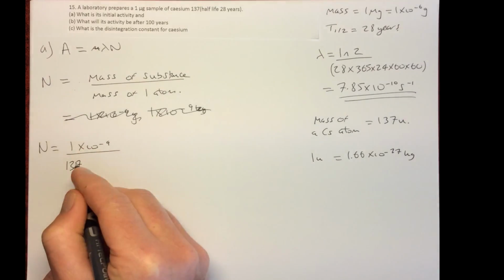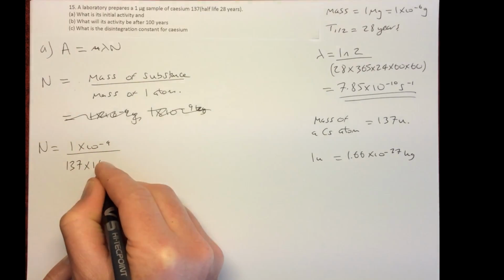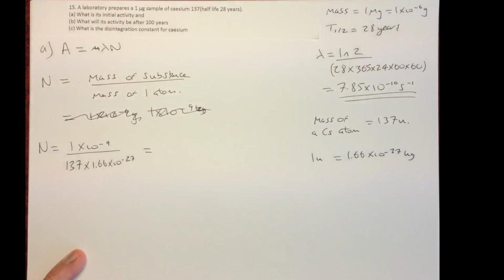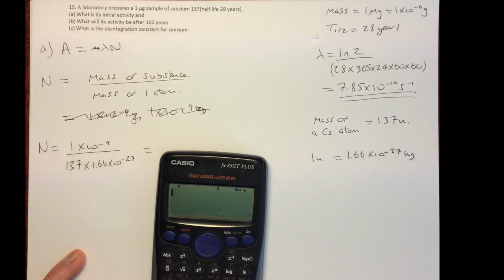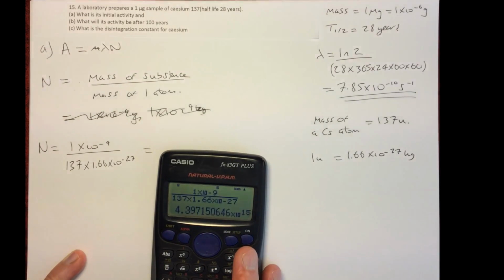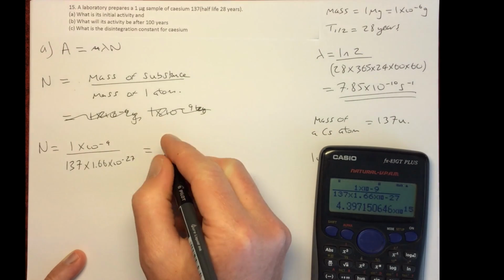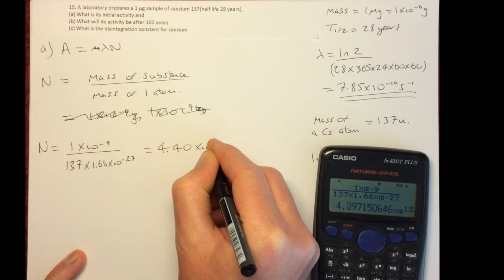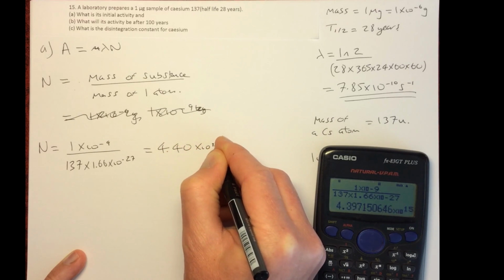We need to have this in kilograms and this in kilograms, so we multiply by 1.66 times 10 to the minus 27. Let's do that calculation: 1 times 10 to the minus 9, divided by 137 multiplied by 1.66 times 10 to the minus 27. That gives us 4.40 times 10 to the 15.